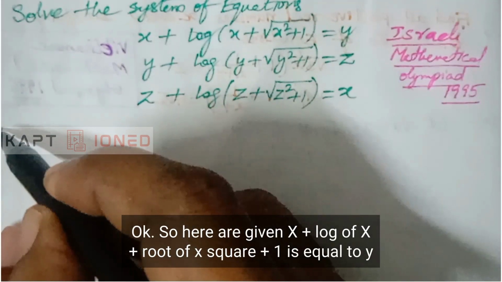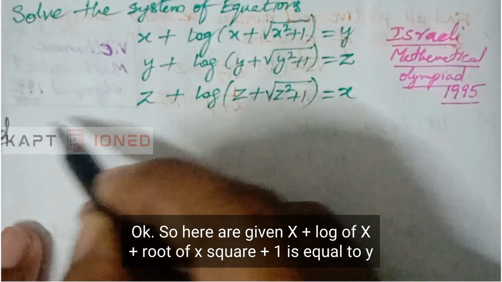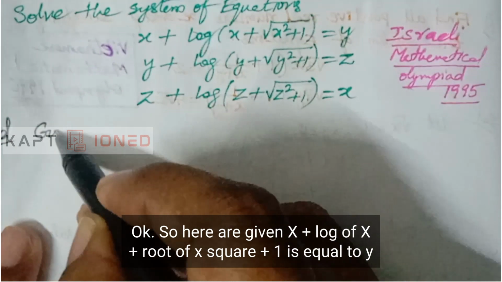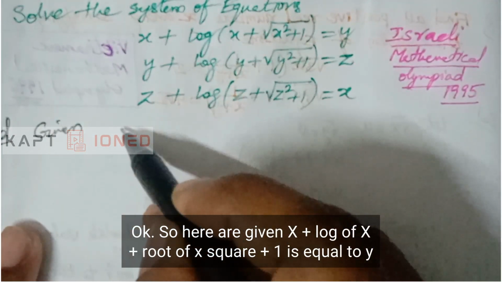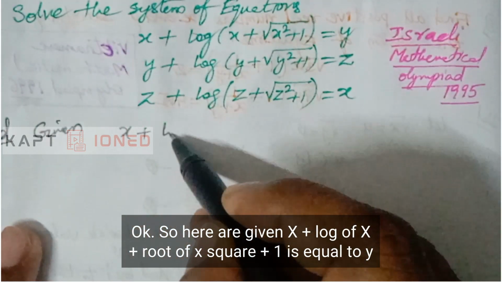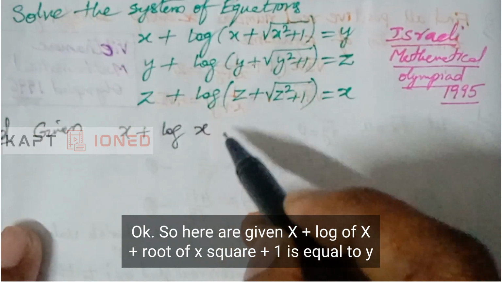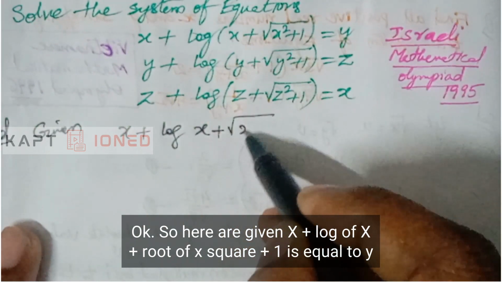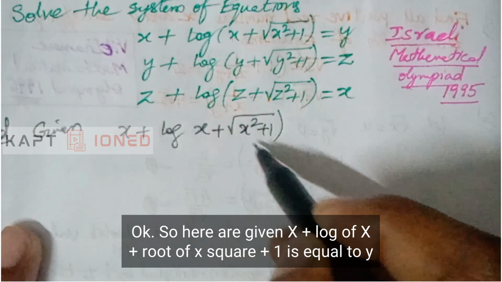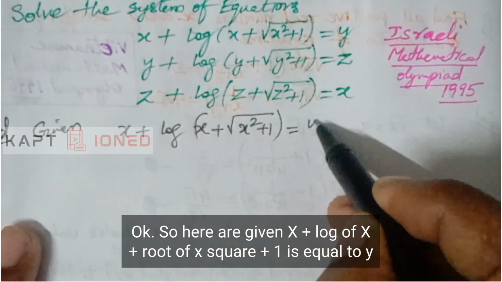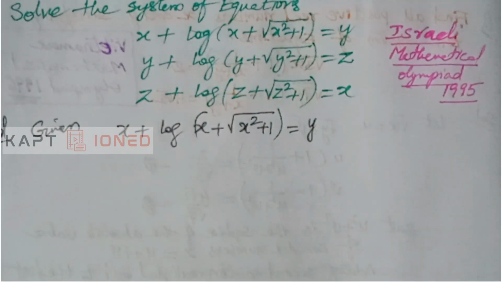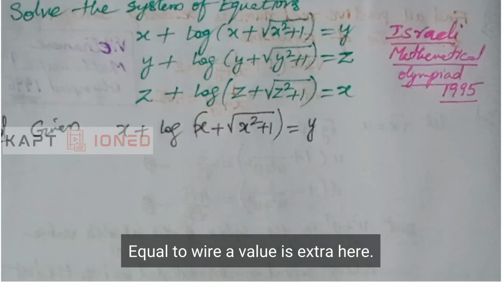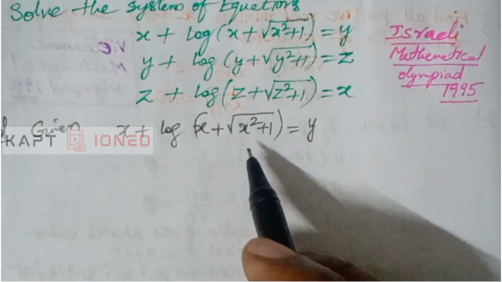So here, given x plus log of (x plus root of x squared plus 1) is equal to y. So here x should be equal to y, so the log value is extra here.